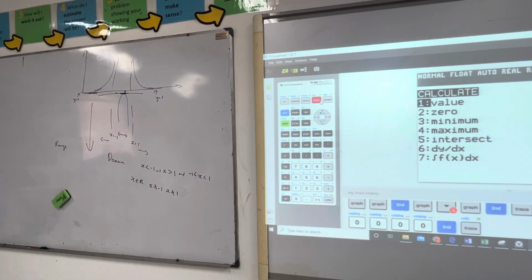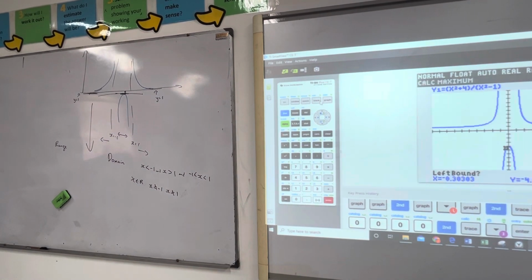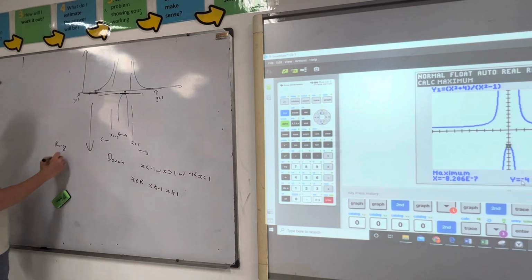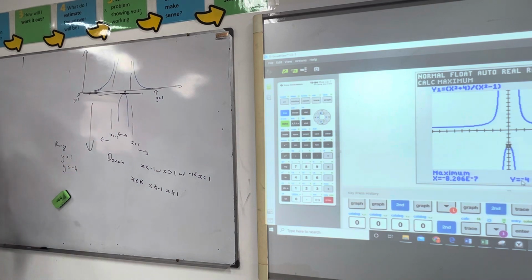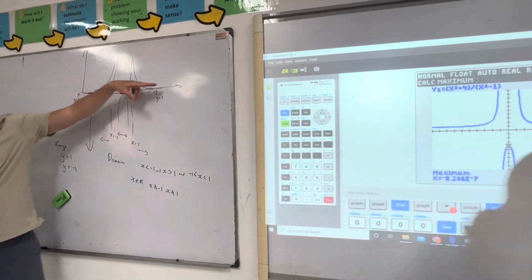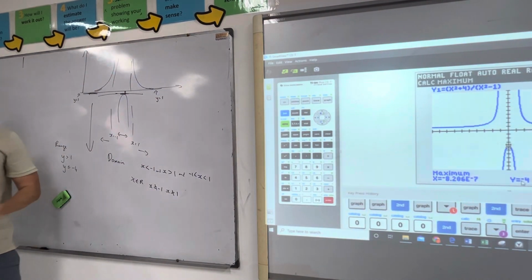Second, trace. Find the maximum, set the left and right bound, and the maximum is at y is equal to -4. I want the y value because I'm looking at the range. So y is greater than 1 and y is less than or equal to -4, because 1 was the asymptote, and I know that it has to be above that.